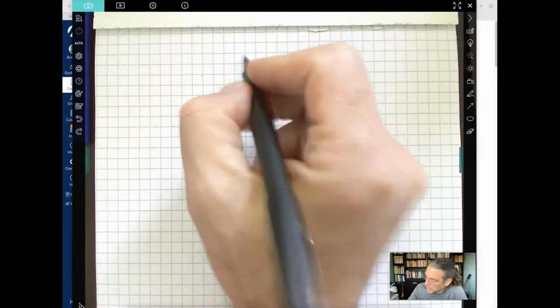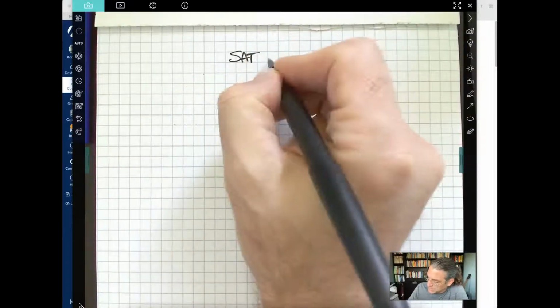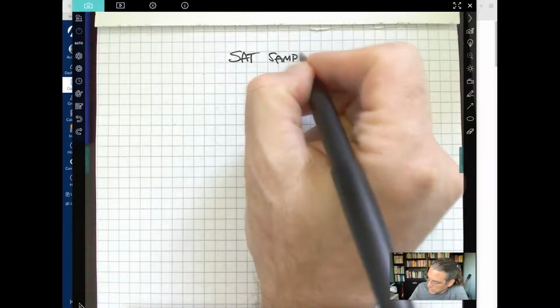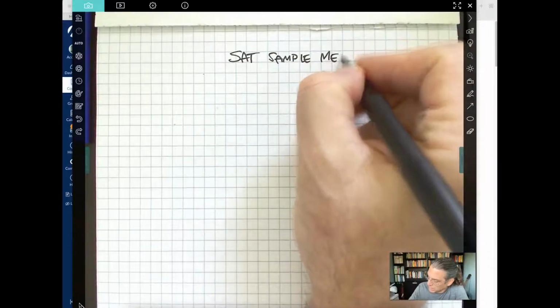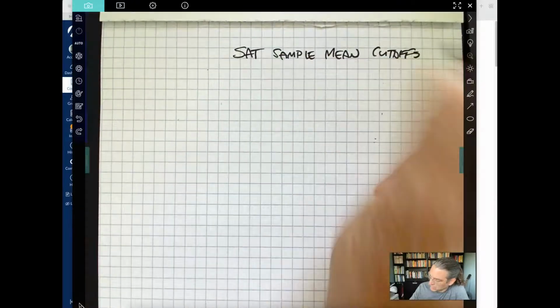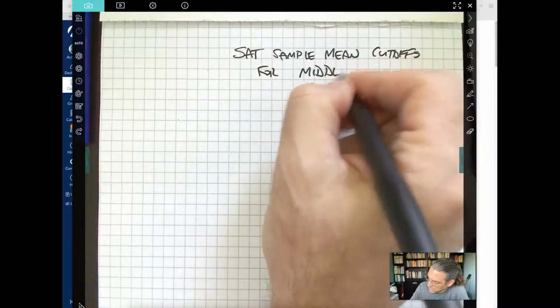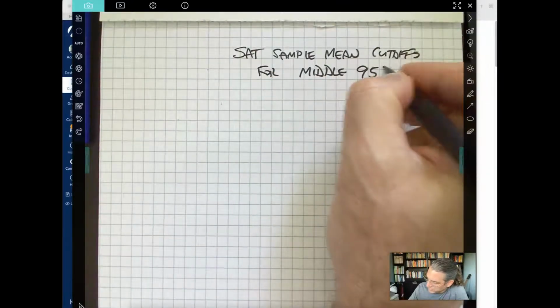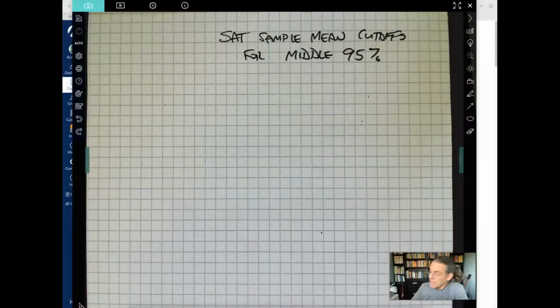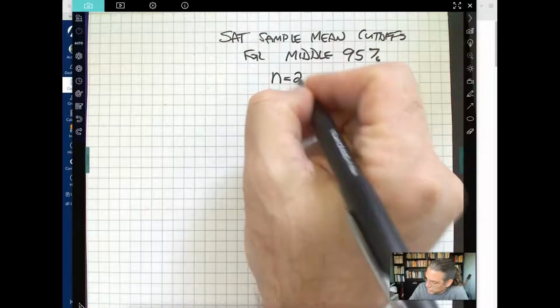So we want to know the SAT sample mean cutoffs for the middle 95%, for a sample size of 25.